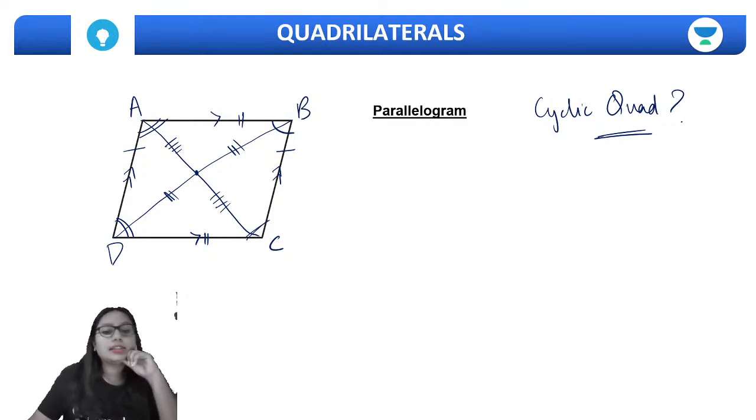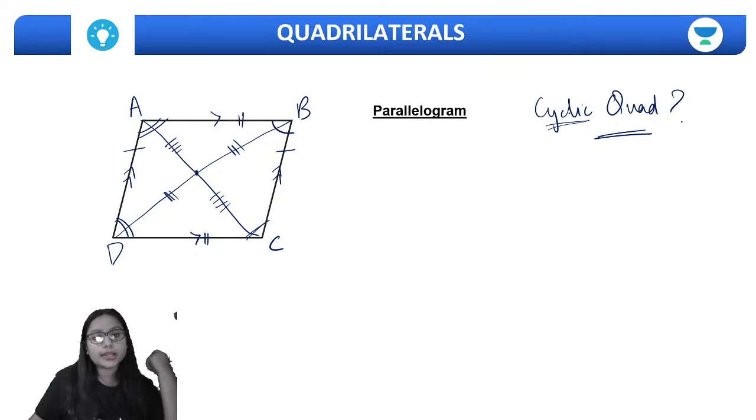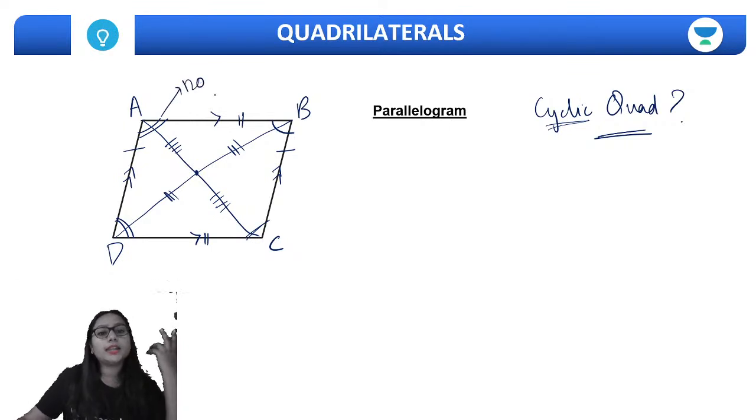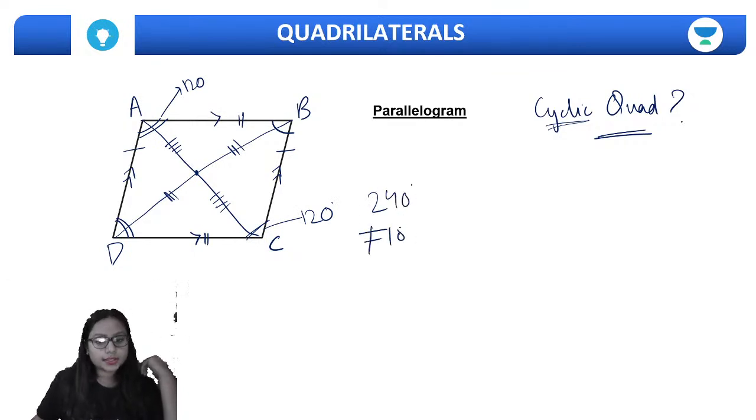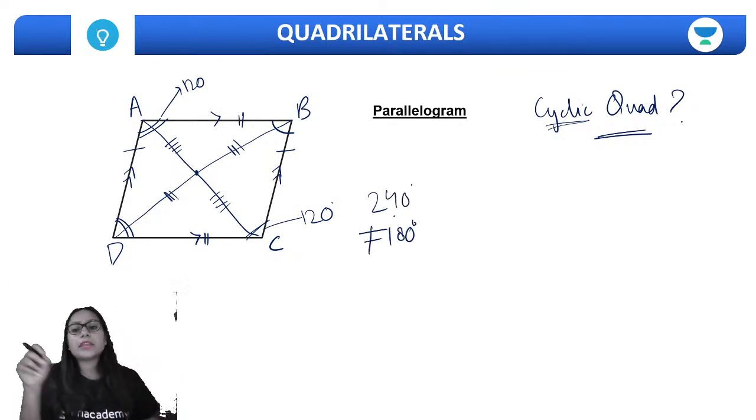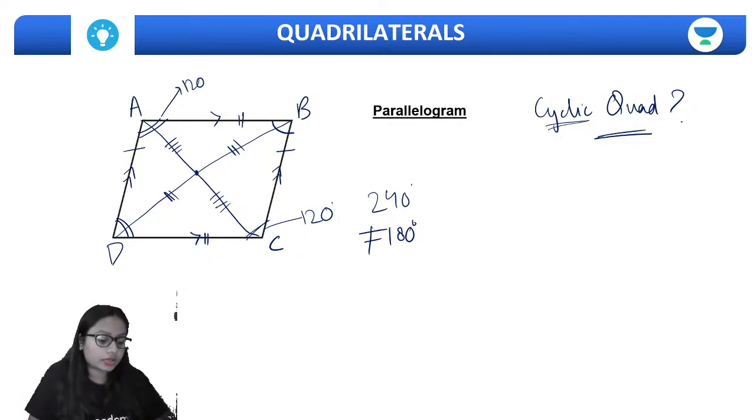No. Yes, correct. Prasoon, your answer is correct. A parallelogram is not a cyclic quadrilateral because I told you in a cyclic quadrilateral the sum of opposite angles is equal to 180 degrees. But here in a parallelogram, this angle could be equal to 120 and this angle would be 120, so the sum would be 240, not equal to 180 degrees. Hence, a parallelogram is not a cyclic quadrilateral.